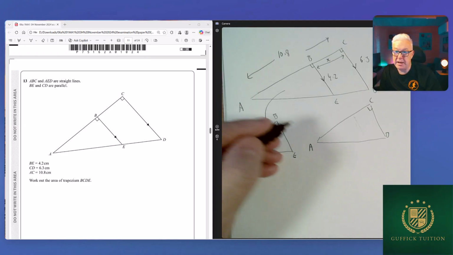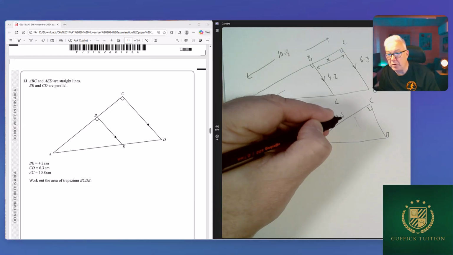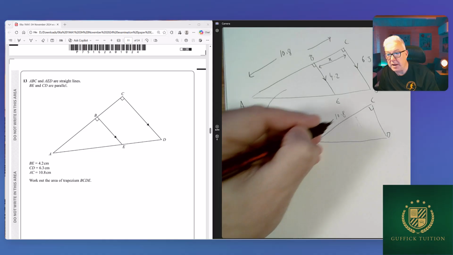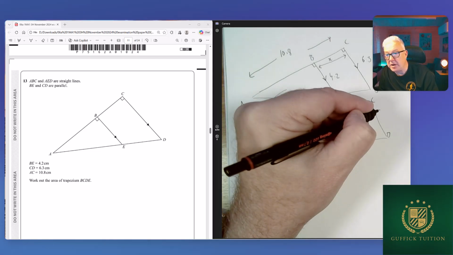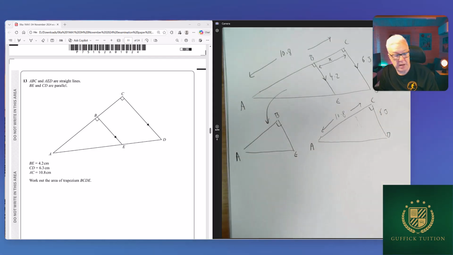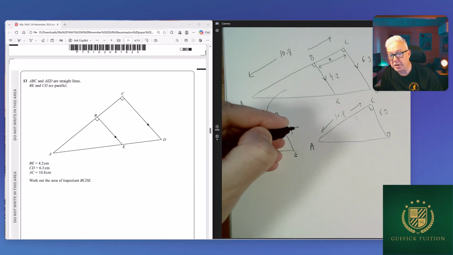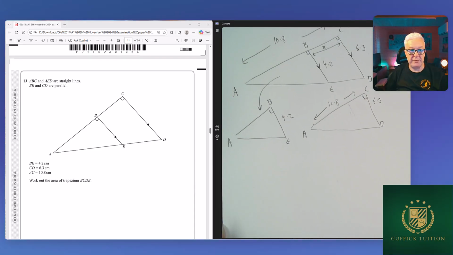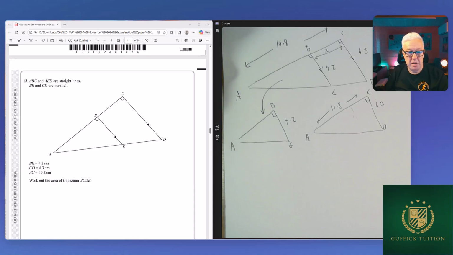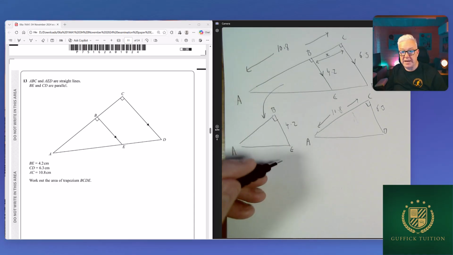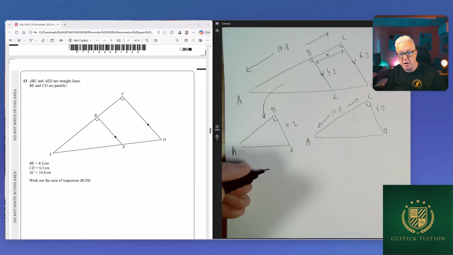In ACD, we know that that whole big side there is 10.8, and that one is 6.3 on that big triangle. In this little one here, this is 4.2. Now this is much easier to visualize because we can work out the scale factor of enlargement.